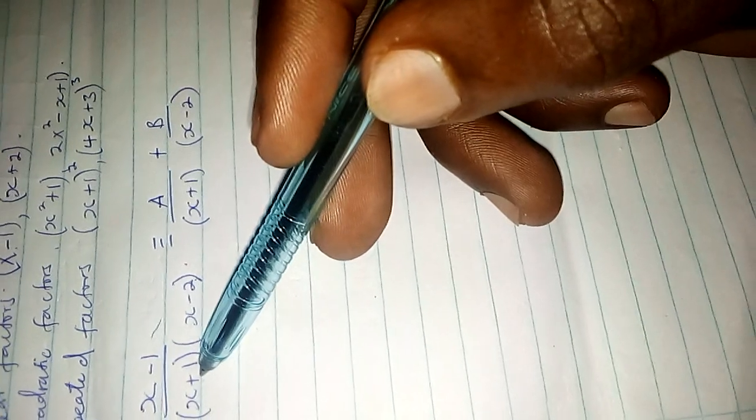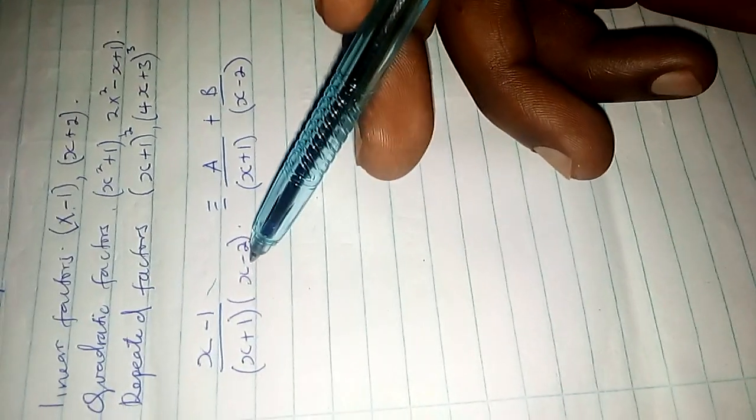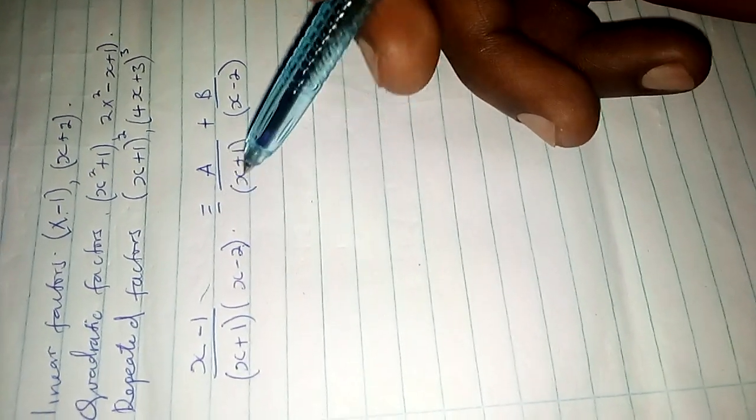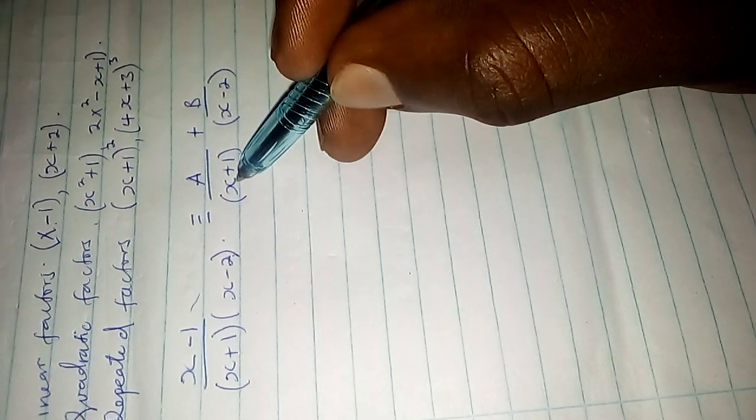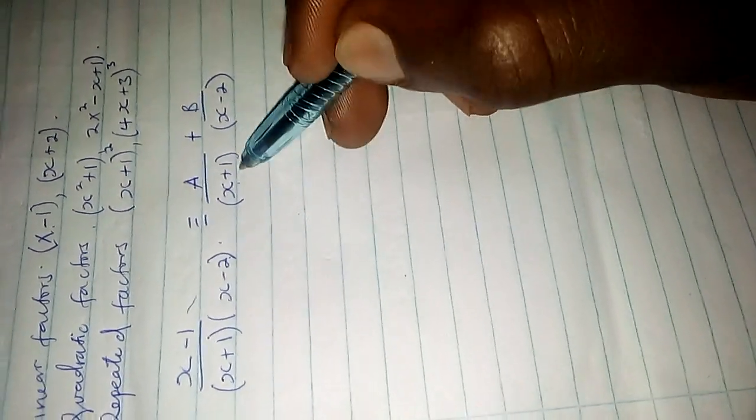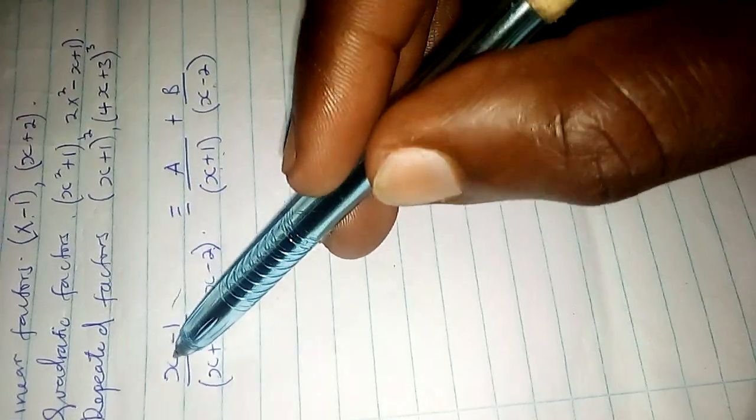So this one is under a and this one is under b. We continue by finding the LCM of these two denominators, which we multiply through all the denominators, so that we get the values of a and b.